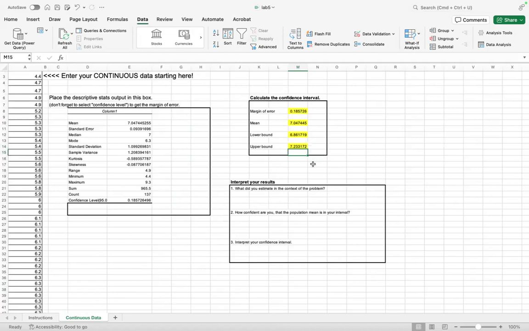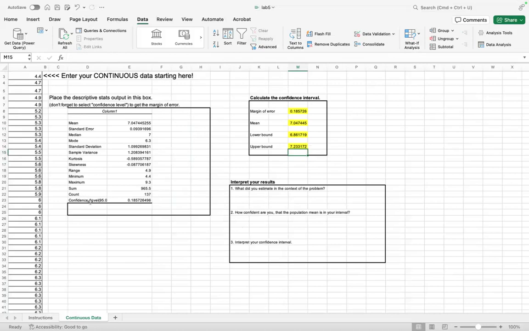What's happening down here with interpreting your results is it is just scaffolding. It's like baby stepping you through it. So what am I estimating in the context of the problem? I am estimating the population mean strength of earthquakes in the world. How confident am I that the population mean is in my interval?